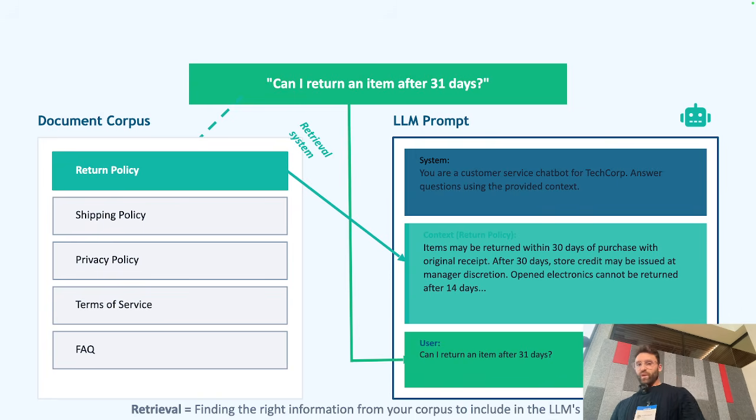So imagine you're building a customer service support chatbot, and the user is asking a question about the return policy. If you just gave that question to the large language model prompt without putting your return policy in, you're going to get all sorts of problems. You're going to get hallucinations. You might get a rejection from the model. That's if you're lucky.